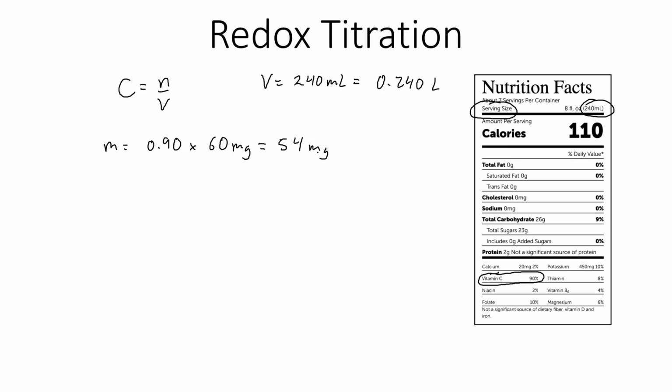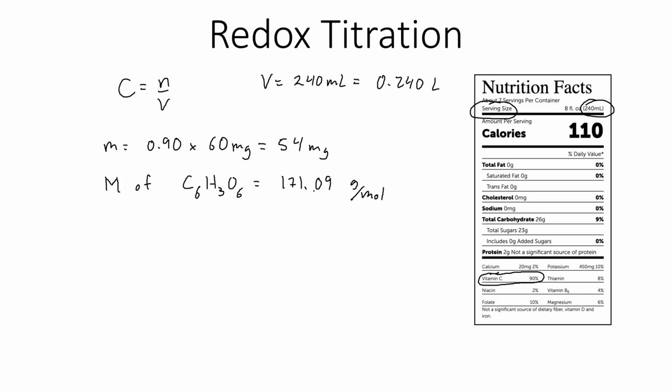Unfortunately, I want moles. Well, I'm going to need the molar mass. And you're going to need the formula. It is C6H8O6. Well, why don't you figure that out? I'm hoping you got the same thing as me.